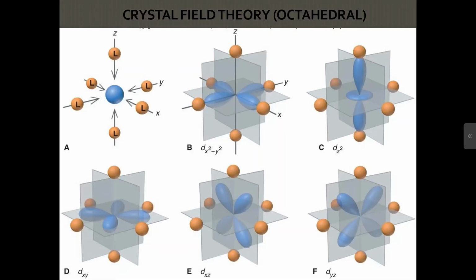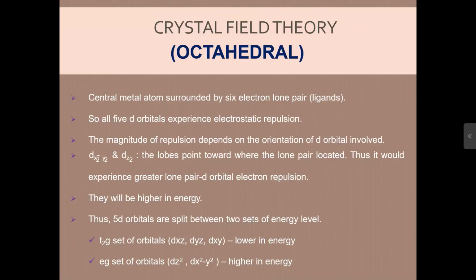So this is crystal field theory for octahedral. These are all the d orbitals. First we look into crystal field theory for octahedral, which is a 6 coordinate compound. The central metal atom will be surrounded by 6 electron lone pairs, so all 5 d orbitals will experience electrostatic repulsion.